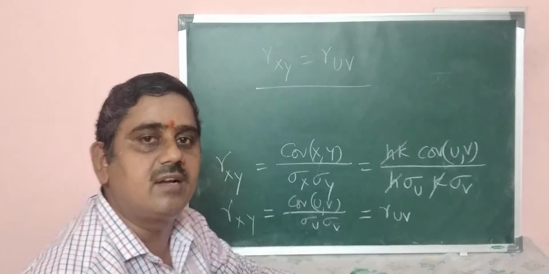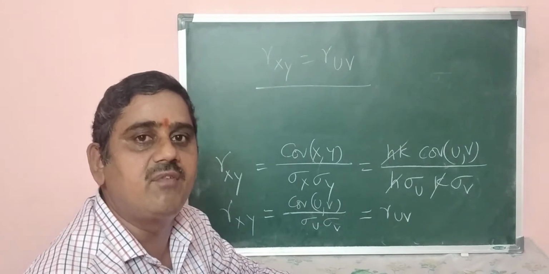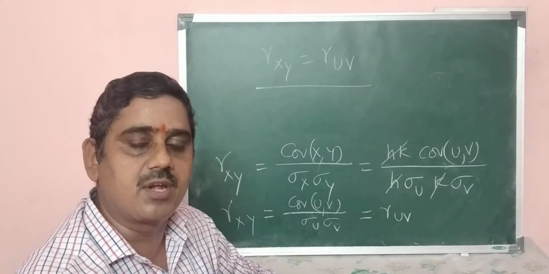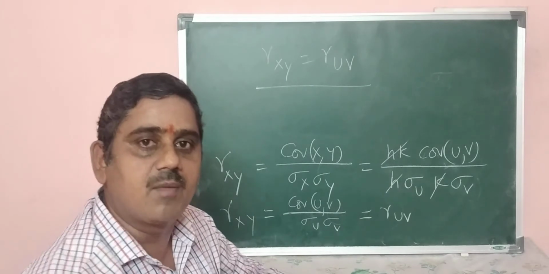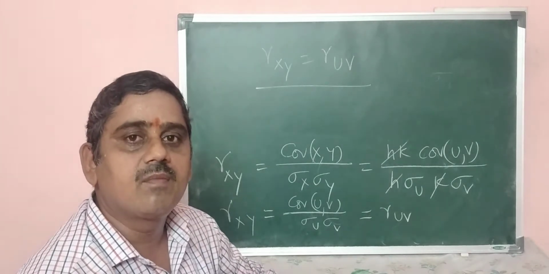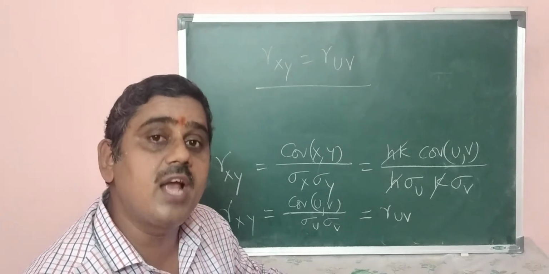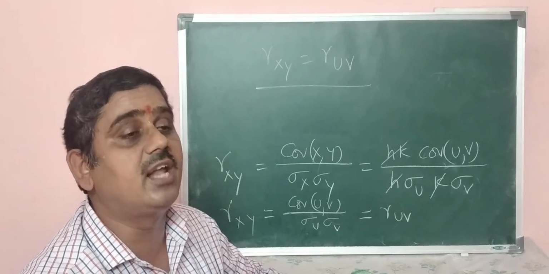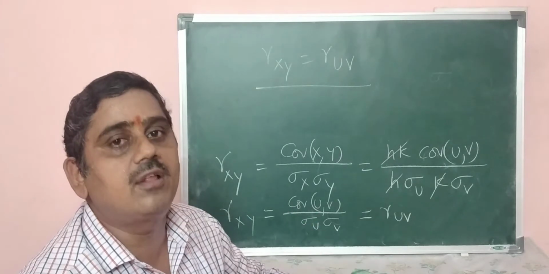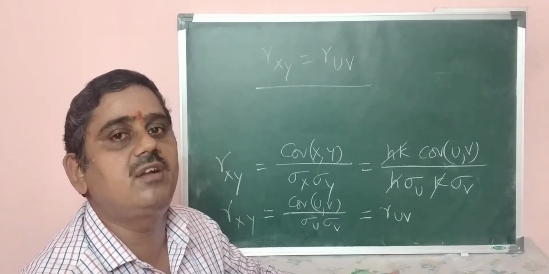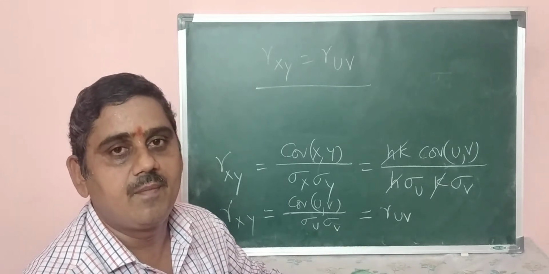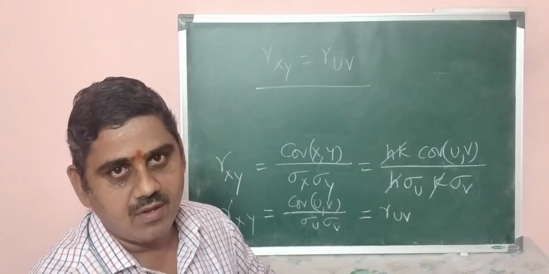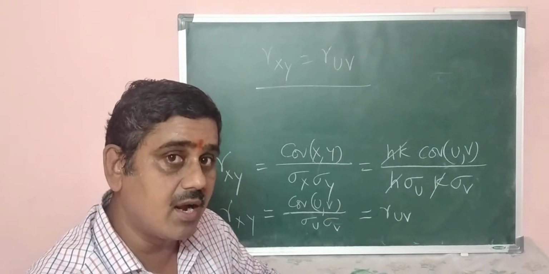Now you come back to the property and expand it. It means the correlation coefficient is independent of changing the origin and scale. Even though you shift the origin and scale, the correlation coefficient will not be affected.